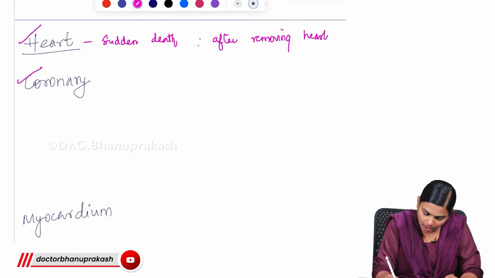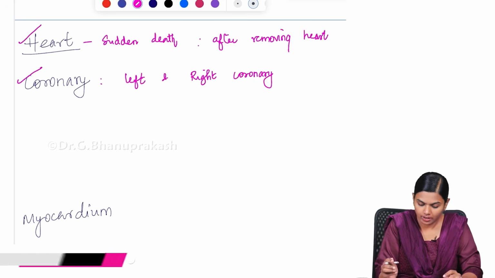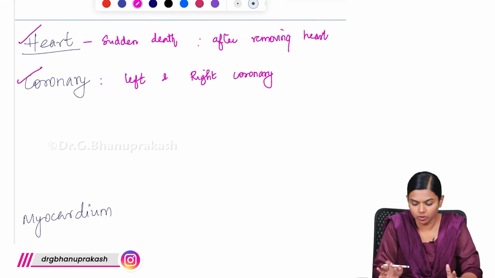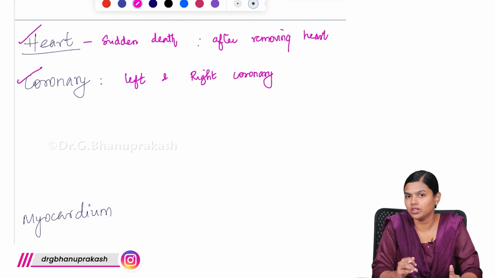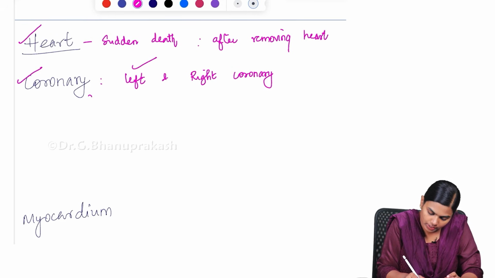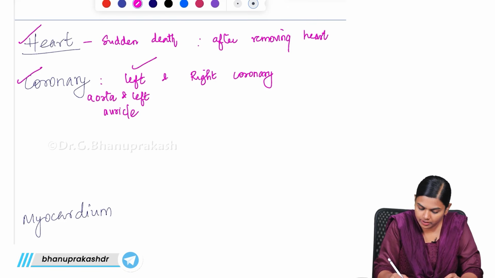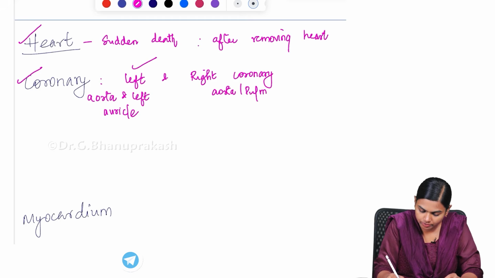we will take it, and first we will look for the coronaries, your left and right coronary arteries. Now there is something known as dominance, right? So right dominant and left dominant, how we will identify is, we have to trace out the left artery and right artery first, and this is usually seen between the aorta and left auricle, and this right coronary is seen between the aorta and pulmonary trunk.